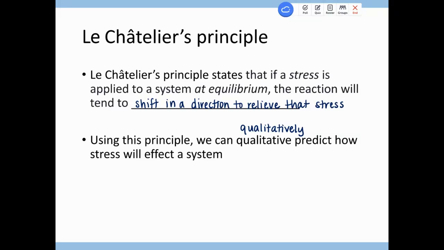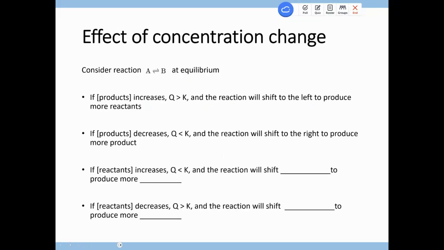We're going to start with talking about changes in concentrations, which we've really already talked about when we talked about Q. But now we're going to say the system is at equilibrium. So we just have generic reactant A and product B that is at equilibrium. And then the first bullet point, let's say you can add more B to the system. So the system's at equilibrium, you have B in a beaker and you add more B. You add more product.